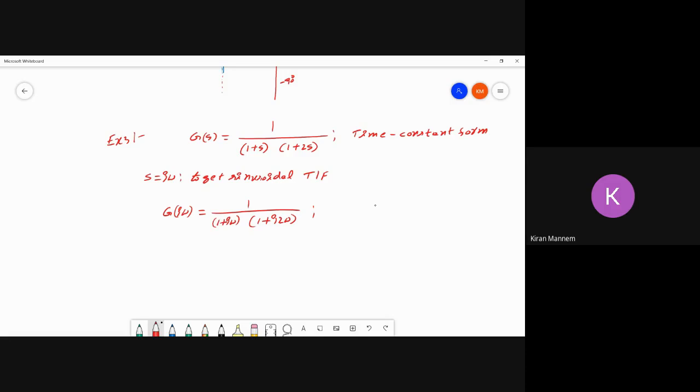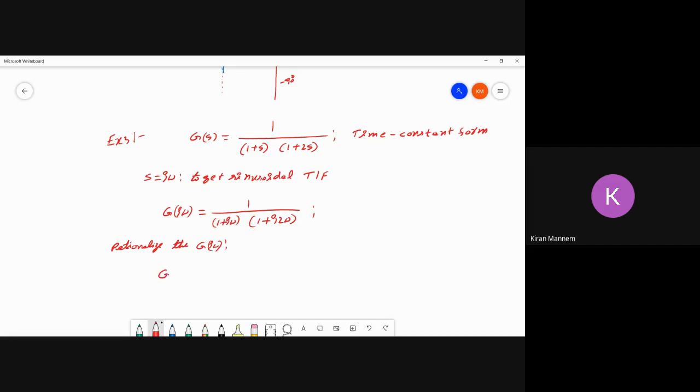So it's the next step after rationalizing. After substituting s equal to j omega, rationalize G(j omega).